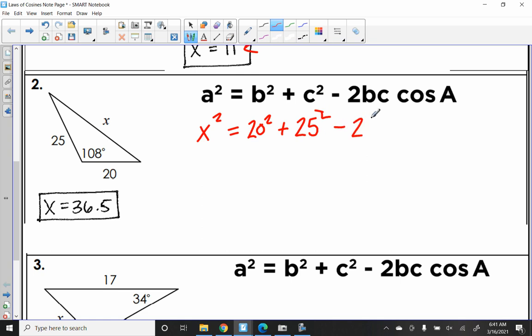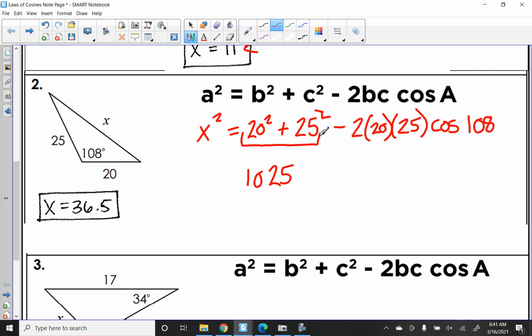Minus 2, I'll put that 20 in, and that 25, and cosine angle 108. I'm going to do 20 squared plus 25 squared in my calculator right now, and I got 1,025.